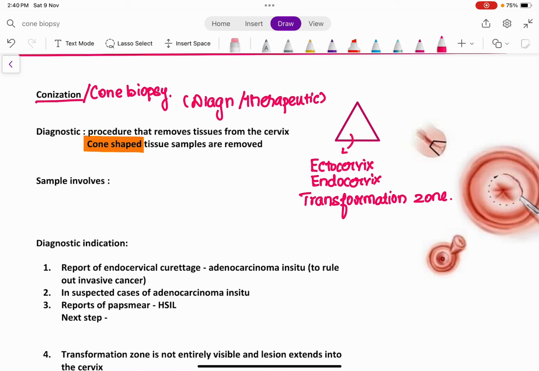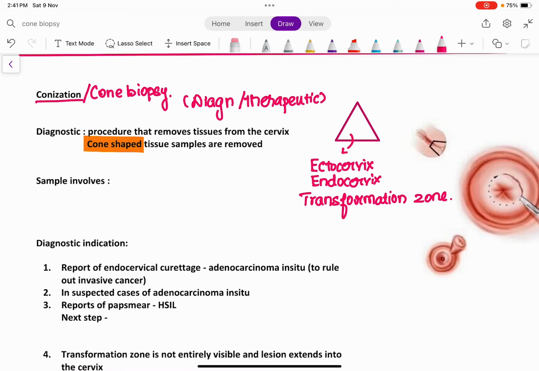This is basically a procedure which removes tissue from the cervix, and this tissue is cone shaped. So cone shaped tissue samples are removed from the cervix. Which parts of the cervix does this cone include? It includes tissue from the ectocervix or exocervix, the endocervix, and the transformation zone, which is the area between the new and the old squamo-columnar junction.